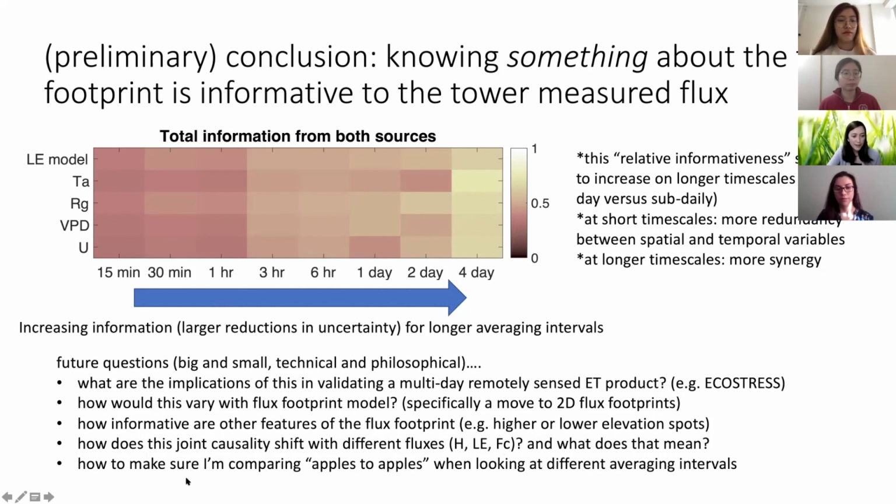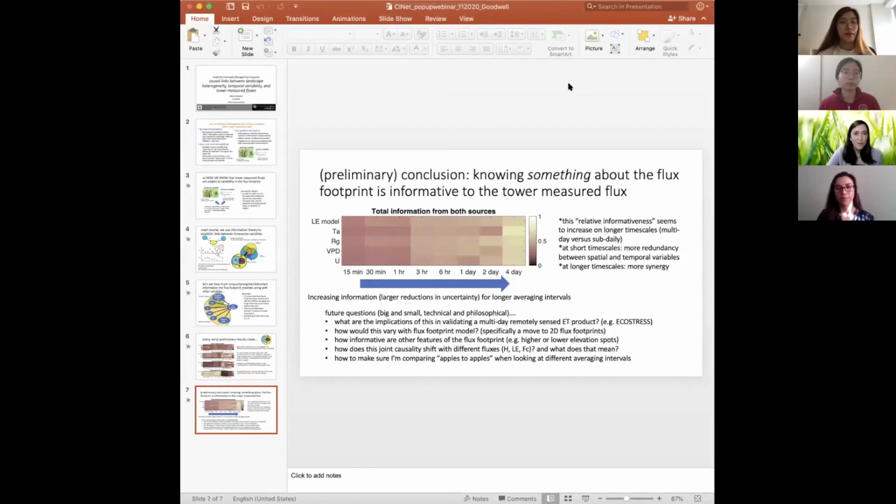And finally, I want to make sure that I'm comparing apples to apples when I'm looking at different averaging intervals, because there's some stuff going on under the hood when I change from 15-minute data to 4-day data that I want to make sure are comparable. So that's all I have. Like I said, more questions than answers, but I'm happy to answer any questions.